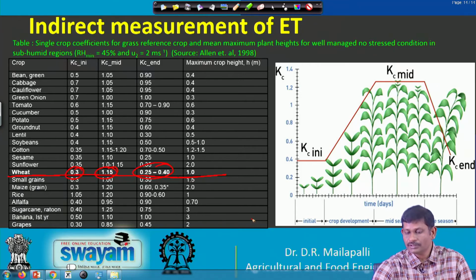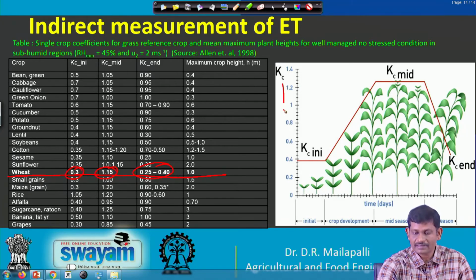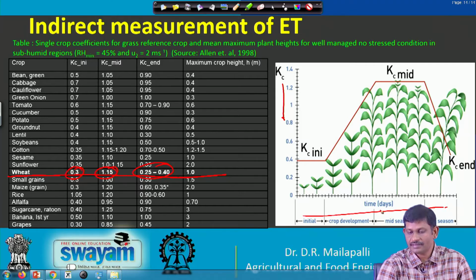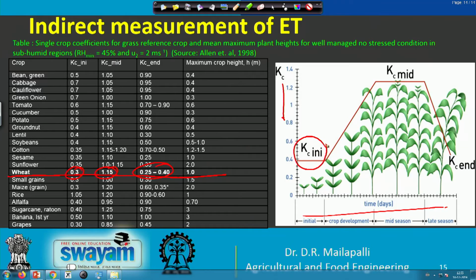Kc is on the y axis and crop growth stages on the x axis. In the initial stage, this is Kc initial. In the crop development stage, Kc rises, and in the mid stage it is kept constant. Then in the late season, Kc goes down. So the Kc value will vary within the season based on the crop growth stage.